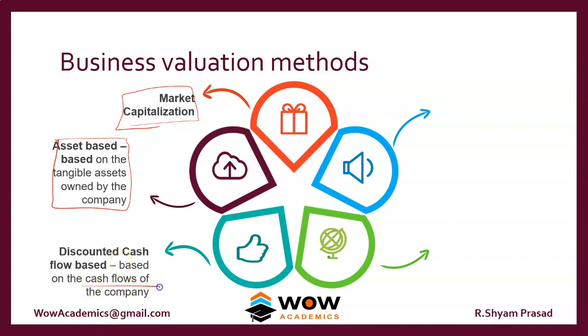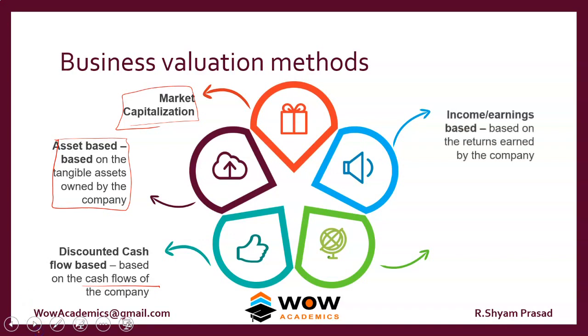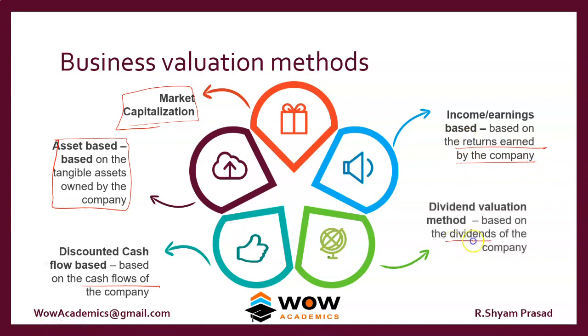So based upon the cash flow of a company, we try to value it. Or the income-based method, based on the returns and income generated by the company, we can value them. And also, based on the dividend, we can use the dividend valuation method. So these are the 5 methods which are there in your examination.